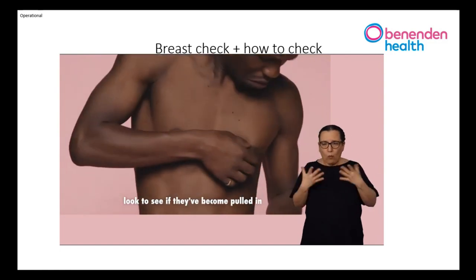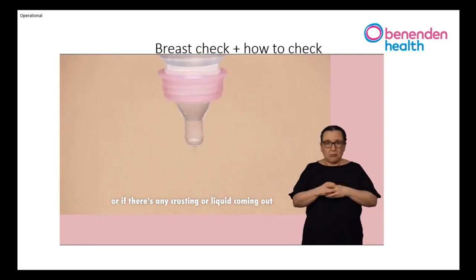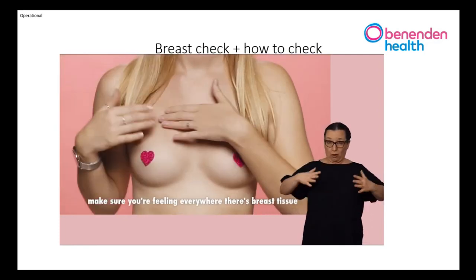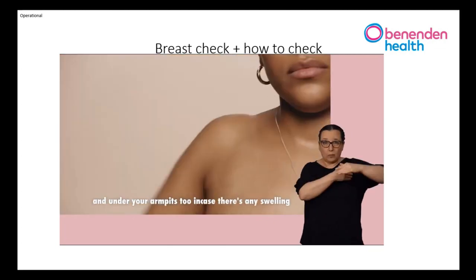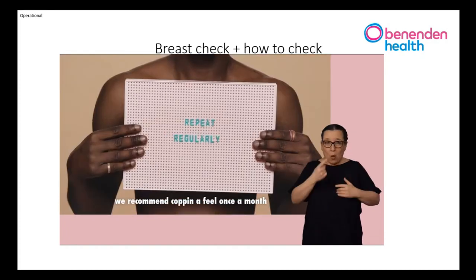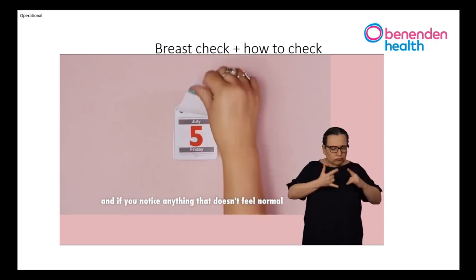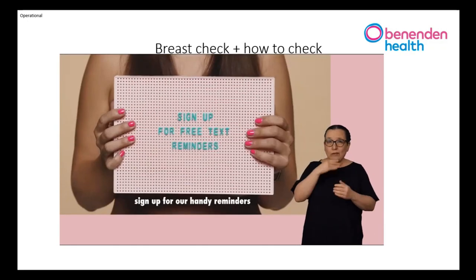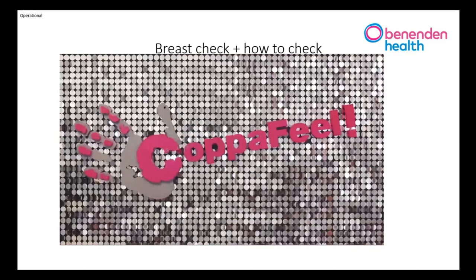Look to see if they've become pulled in, moved position, or changed shape, or if there's any crusting or liquid coming out. Make sure you're feeling everywhere there's breast tissue, not just your boobs, but right up to your collarbone and under your armpits too, in case there's any swelling. We recommend copping a feel once a month. If you notice anything that doesn't feel normal, monitor it for a week and book an appointment with your doctor. Sign up for our handy reminders so you remember to check.